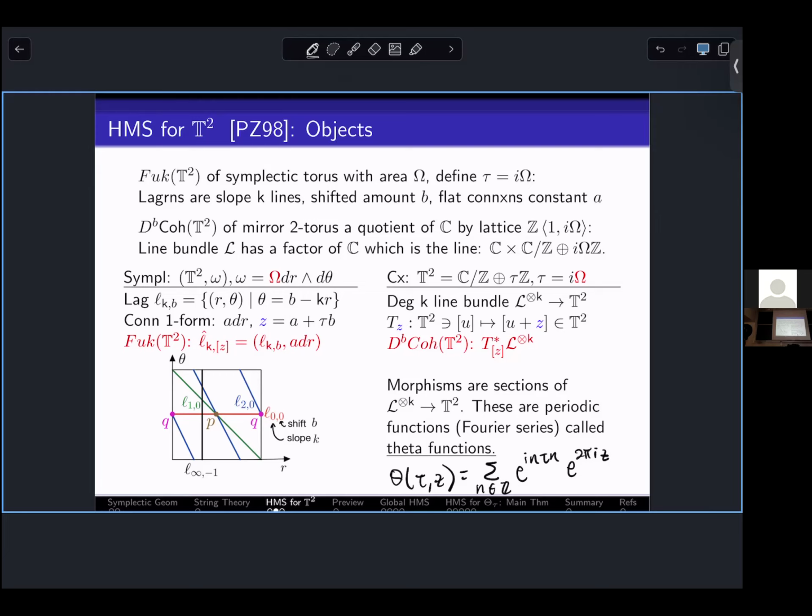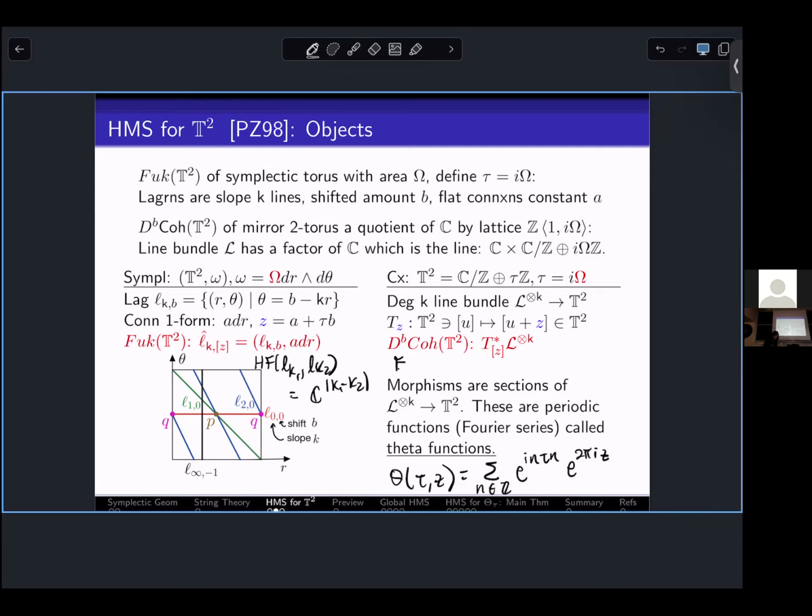I think I know what you're asking. Here we have K1 minus K2.